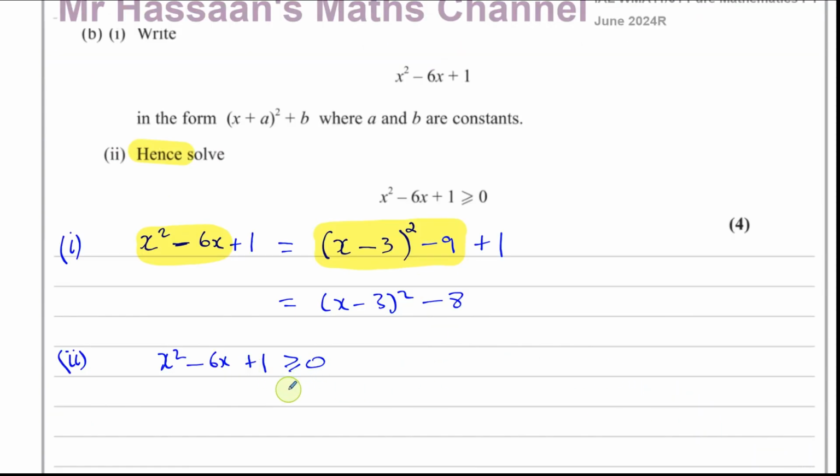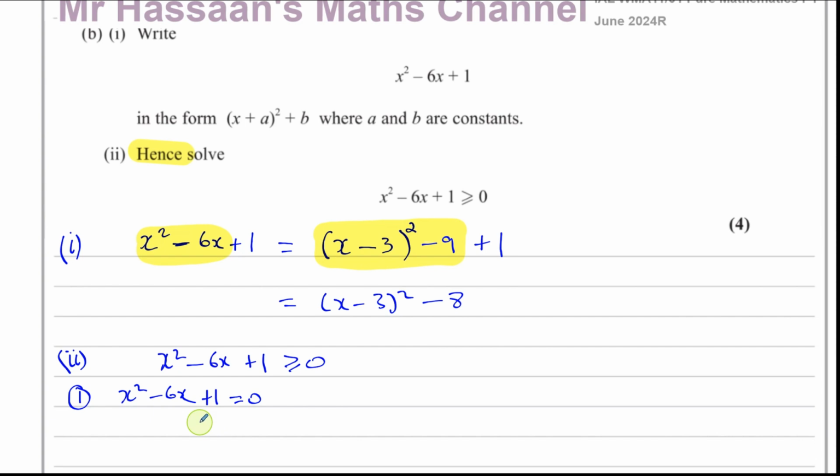Now, if the question did not say hence solve, then we would have gone through the following steps. First of all, we have to find the critical values. So I've got to find when x squared minus 6x plus 1 is equal to 0. If I want to find where a quadratic inequality is greater than or less than 0, I have to find when it first equals 0.